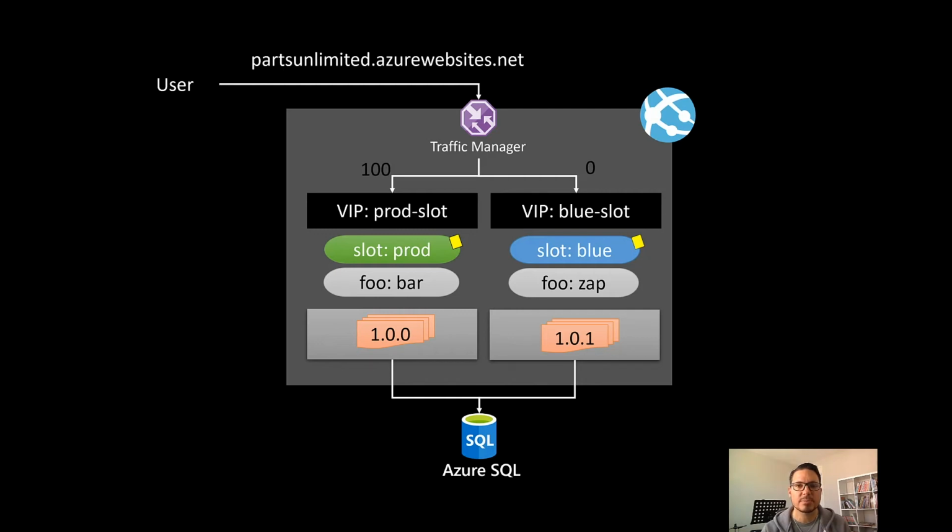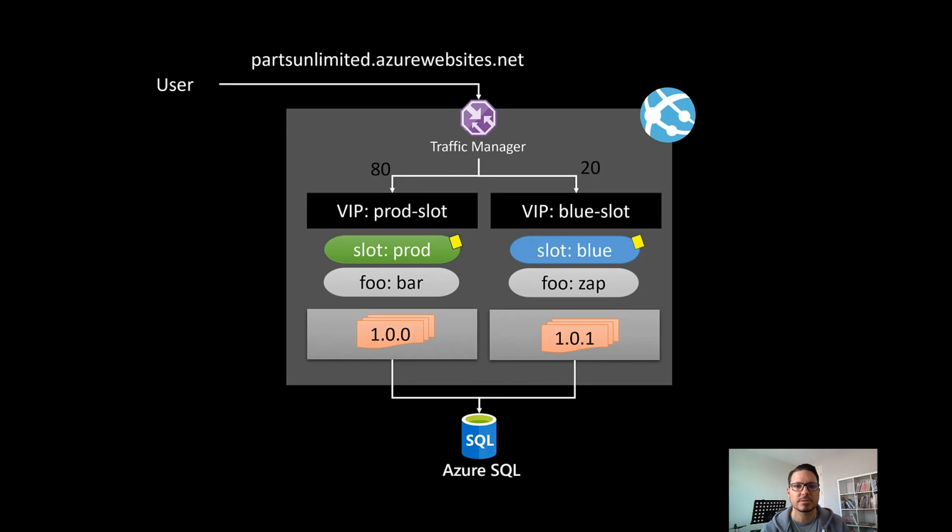We're going to take it a step further and do some traffic routing for canary testing. Once we've deployed to the blue slot, we're going to instruct Traffic Manager to direct 20% of all traffic to that blue slot. Remember, this is from a single URL.